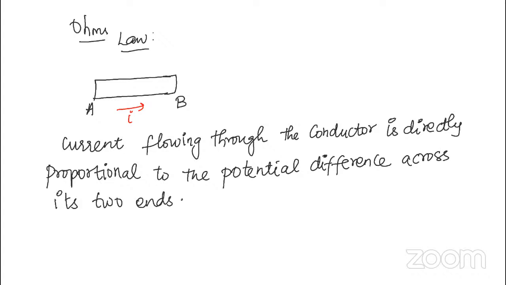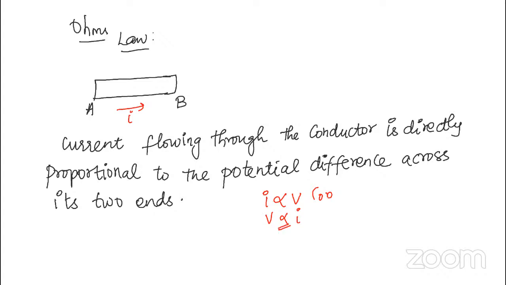So from that we write I is directly proportional to V, or V is directly proportional to I. Let us now remove the proportionality.